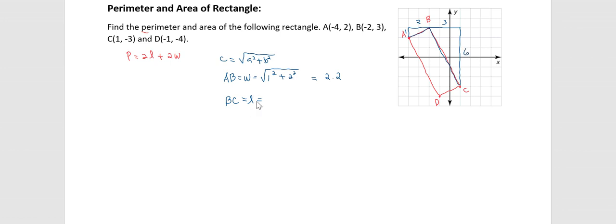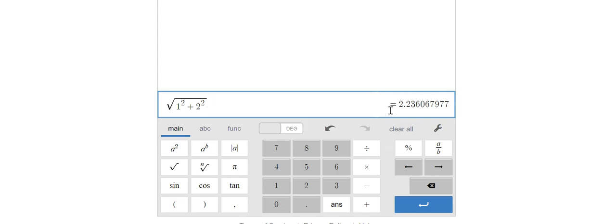So the length of line segment BC, or the length of the rectangle, is equal to the square root of 3 squared plus 6 squared, and that is approximately equal to 6.7.